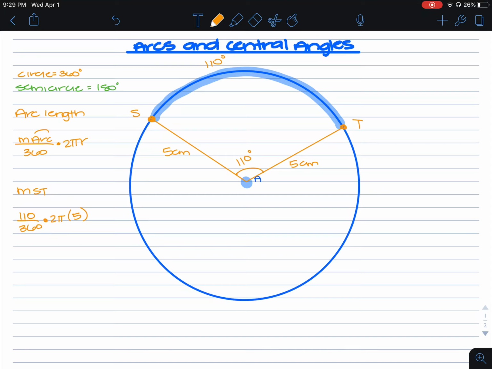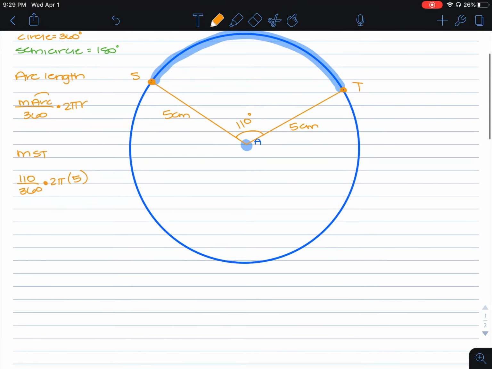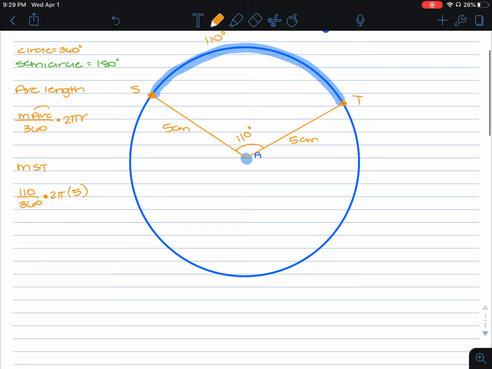Plug that into your calculator. What do you get? You get 110 divided by 360 times 2 pi r. My r is 5. This one you will get a decimal. I should get 9.60 centimeters as my length of ST.